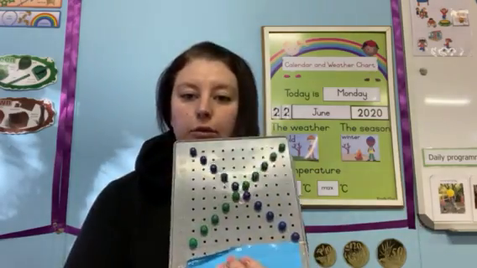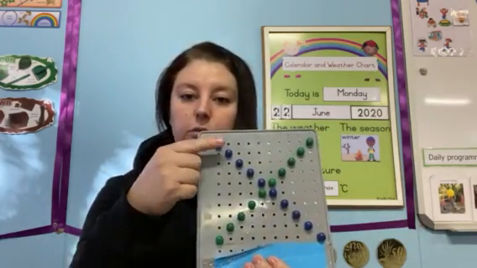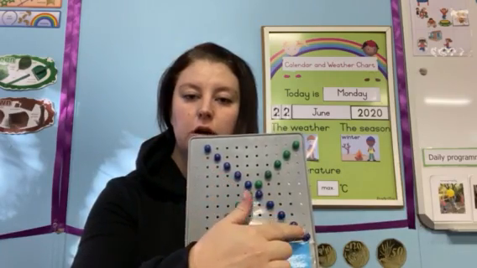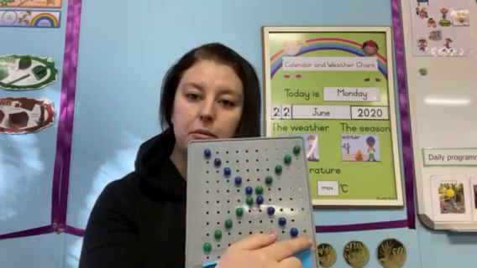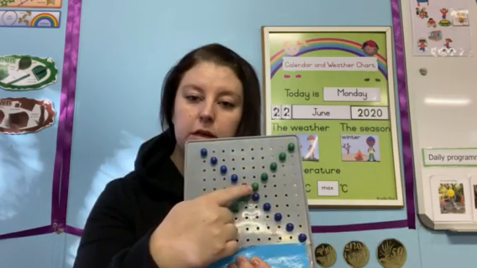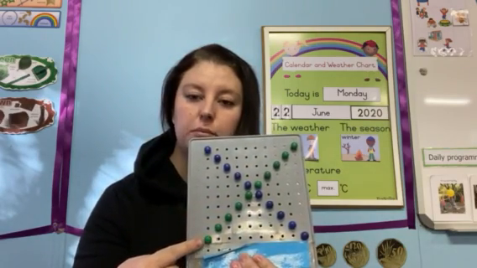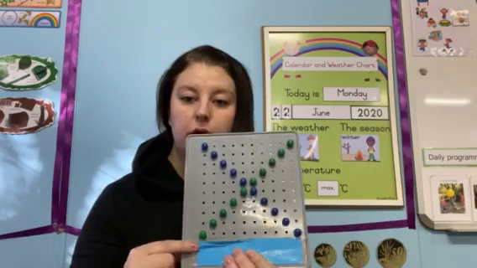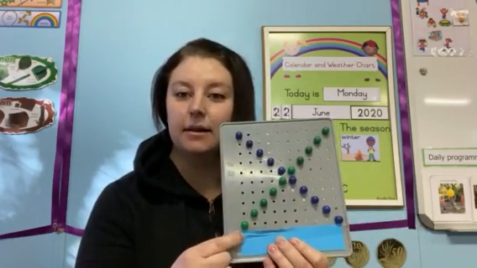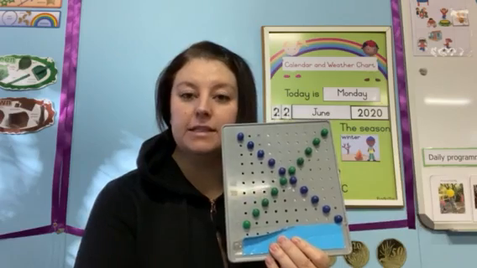A diagonal line is slanty. So this is what diagonal lines look like. They go from the top of the board down through the middle to the opposite end of the board at the bottom. Makes like an X. Okay, that is a diagonal line. We will be building with a diagonal line today.